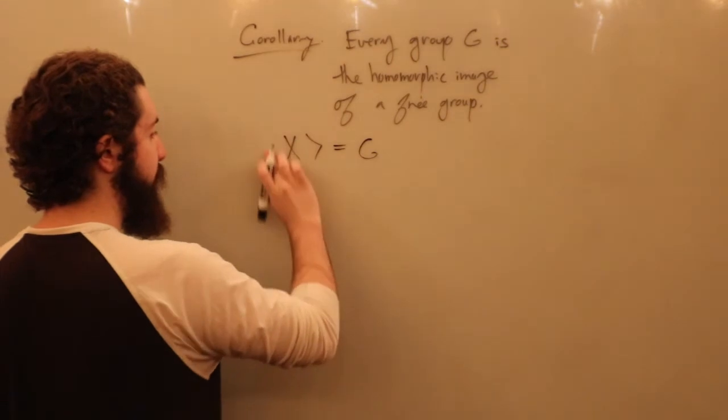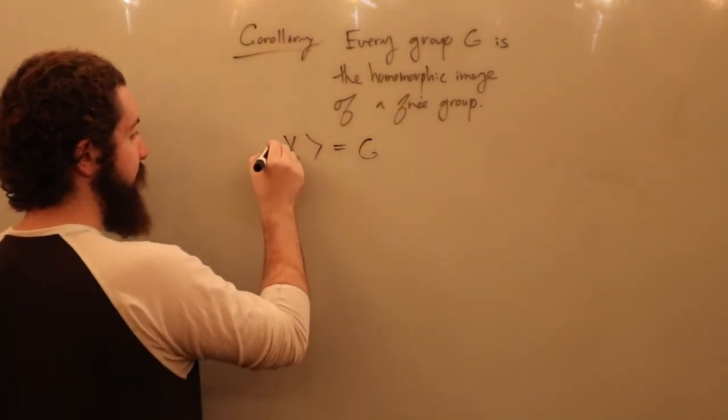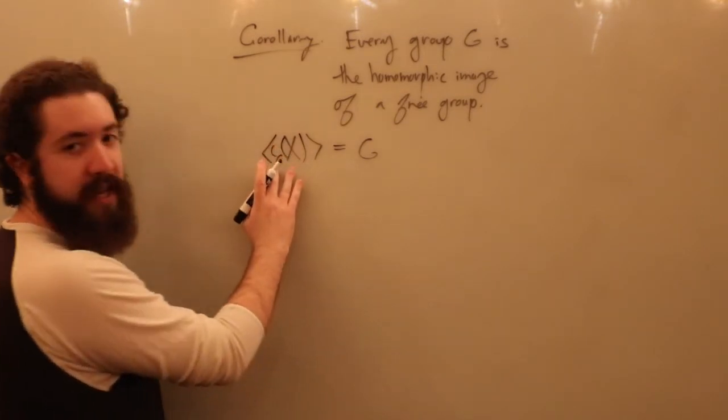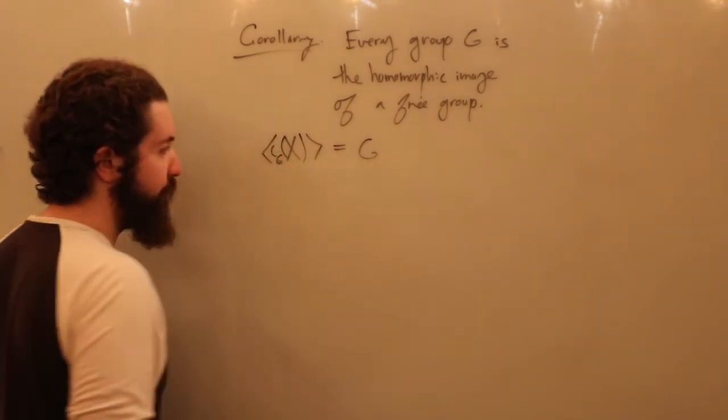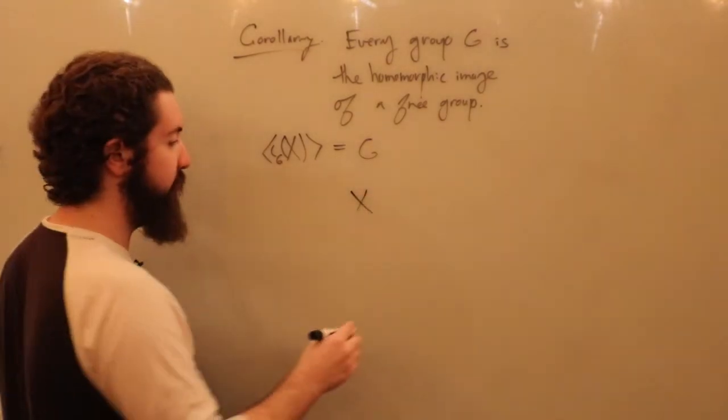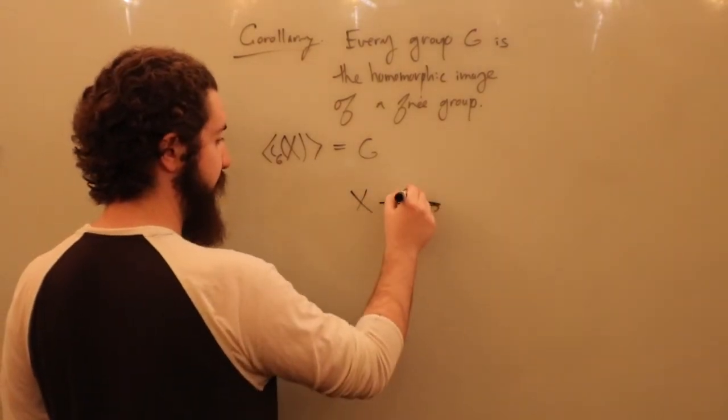And in fact, we're even going to write this differently. Let iota sub G denote the inclusion of the set X in the group G. And now we're going to have two inclusion maps going, so don't get confused by this. It's really not complicated.